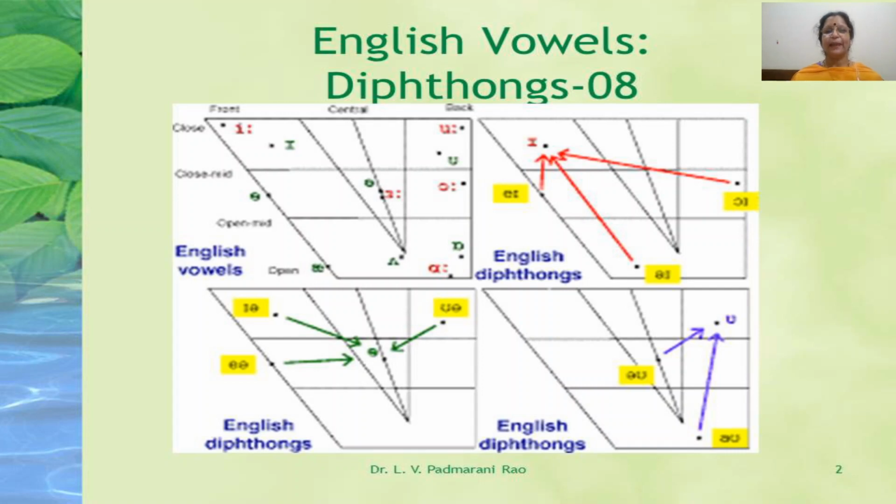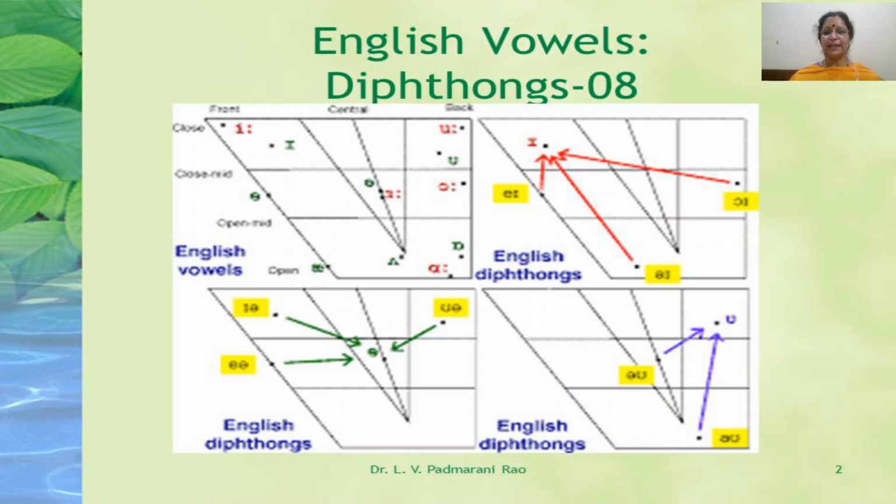That's right. If you just come below that, that is the second set of diagrams on the extreme right, you could find 2 glides. One is starting from the position of central unrounded and weak vowel and moves towards oo. Can you make out? Oh. Don't open your mouth wide. Oh. That's right.